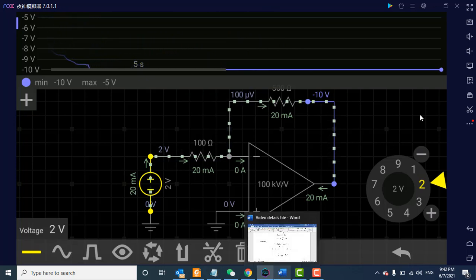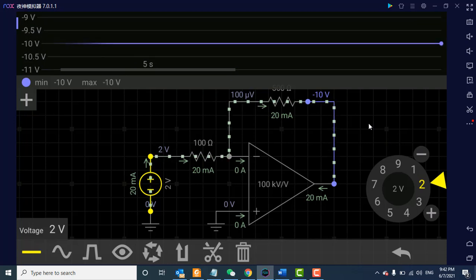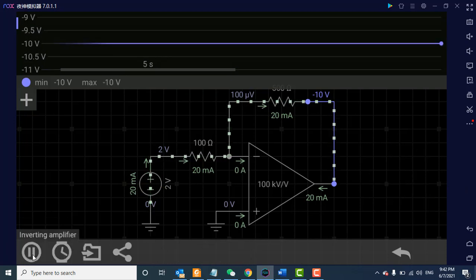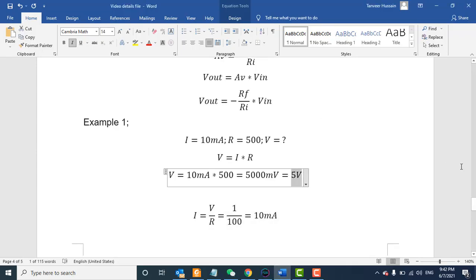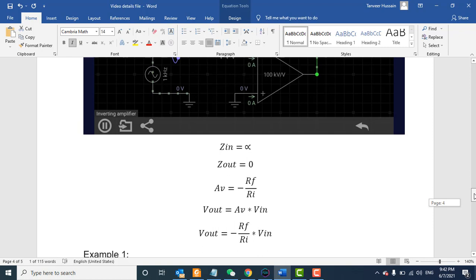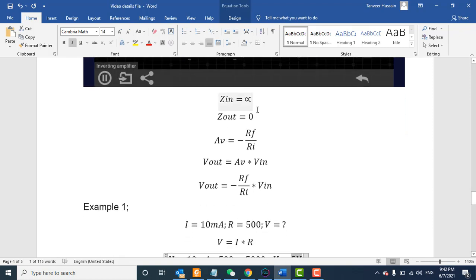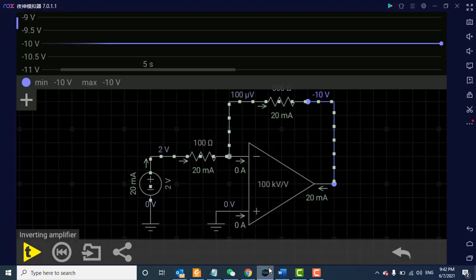So we go for the formula. After that I will show you how it does the AC signal amplification. Let me explain the formulas first. Z in is infinity, Z out is 0. AV, the gain, is RF by R in. RF is this resistance, R in is this resistance.